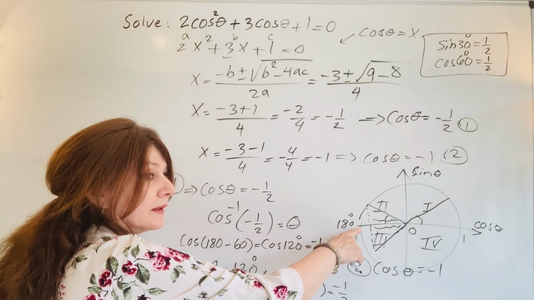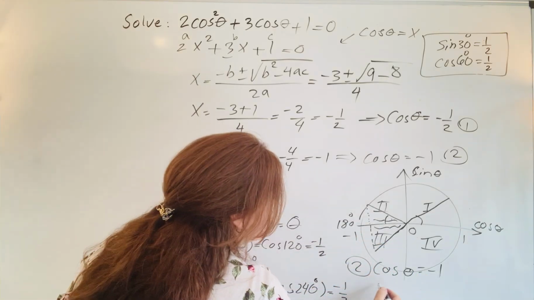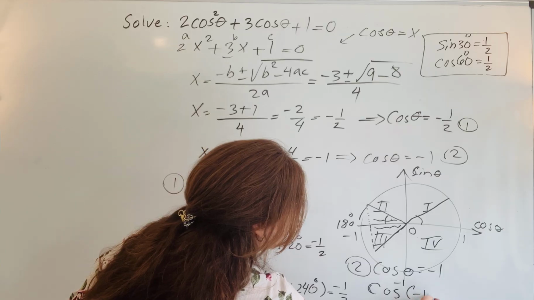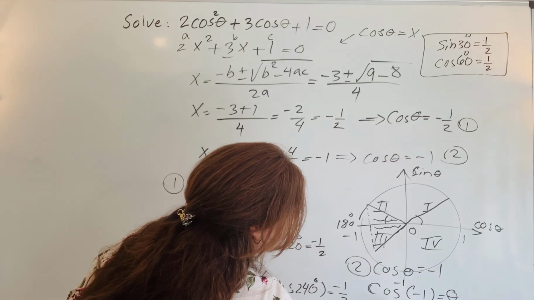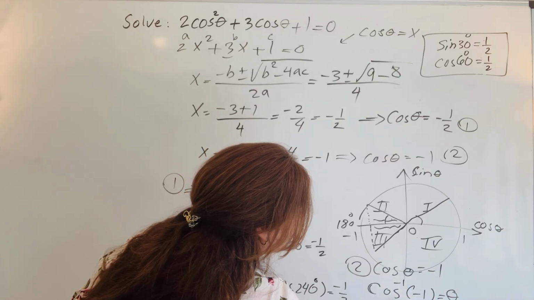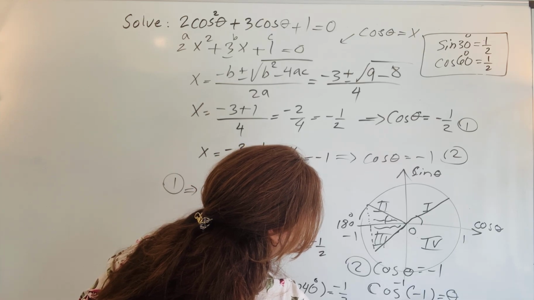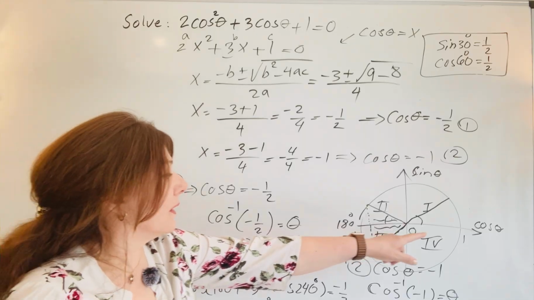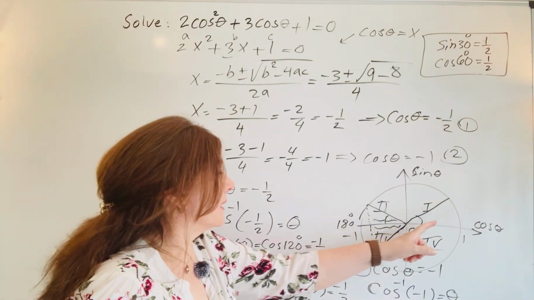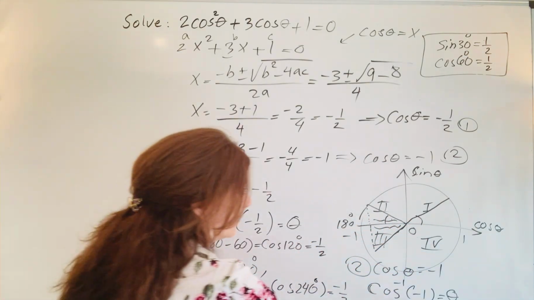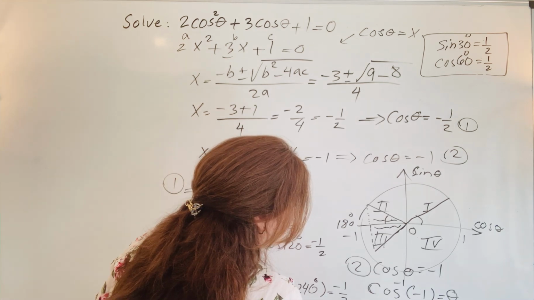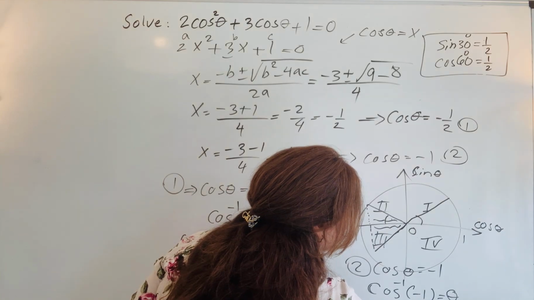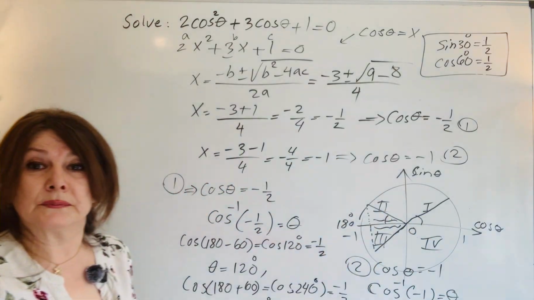So the arc cosine of negative 1 is theta, and theta is pi or 180 degrees. You can say 180 degrees or negative 180 degrees. Both are the same. Good?